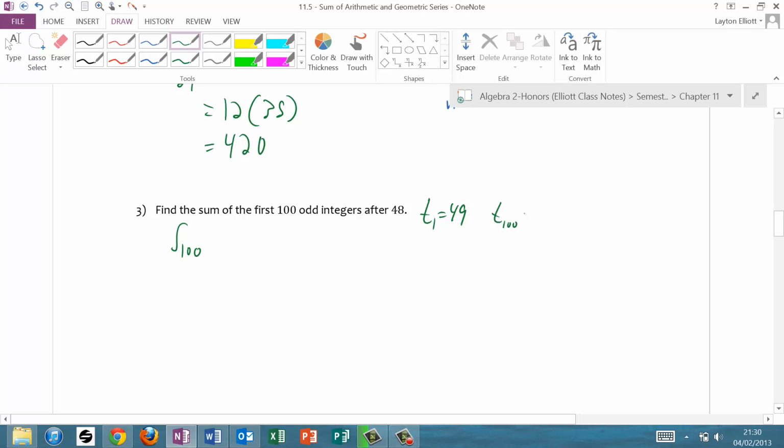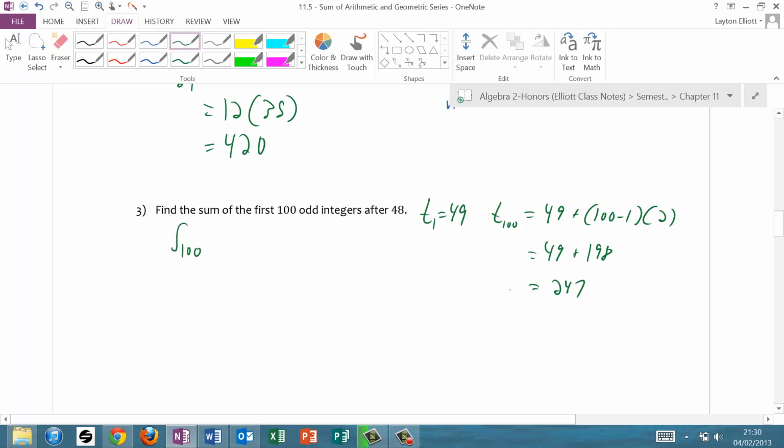So let's use t of 100 is equal to t of 1 plus 100 minus 1 times the common difference. If they're odd digits, the common difference would have to be 2. 49 plus 99 times 2, which is 198, would be 247.